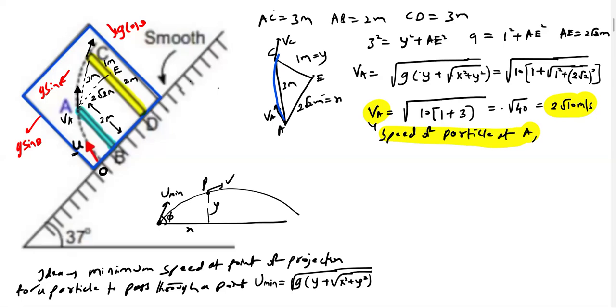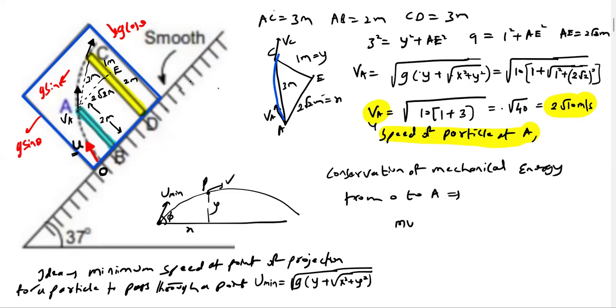I'll apply conservation of mechanical energy from O to A. This should be equal to mu square by 2 equals mg into height, g cos theta into AB, plus m VA square by 2.